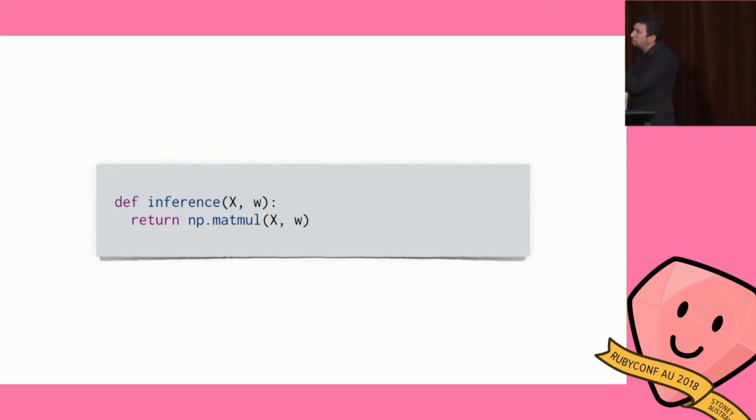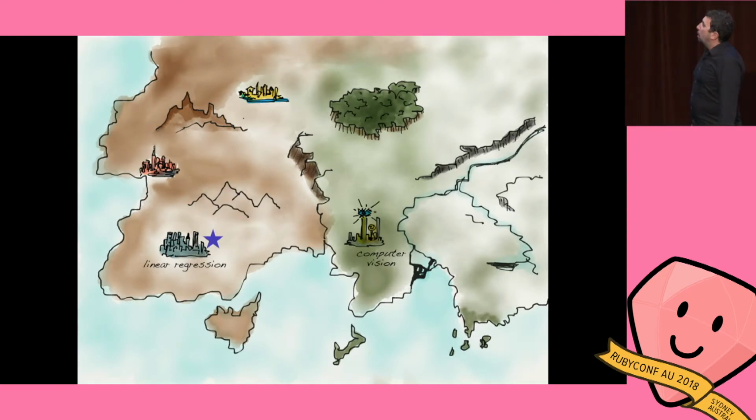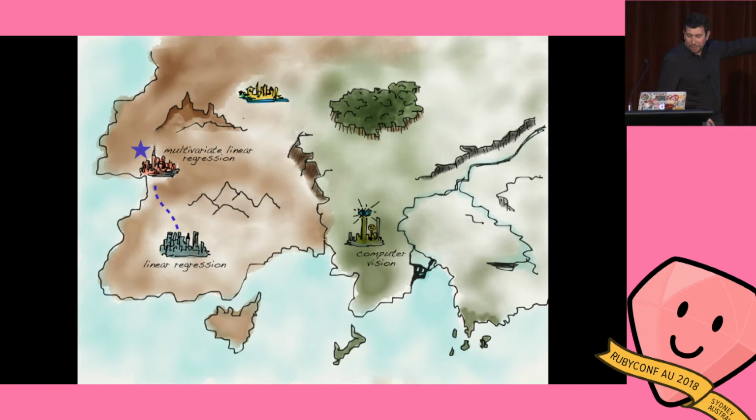We ended up with actually somewhat simpler code. So now we moved from linear regression to this other place that is like linear regression with multiple variables, which is called the multivariate linear regression. I think I spent more time on this slide than I hope you appreciate my lame artistic efforts.